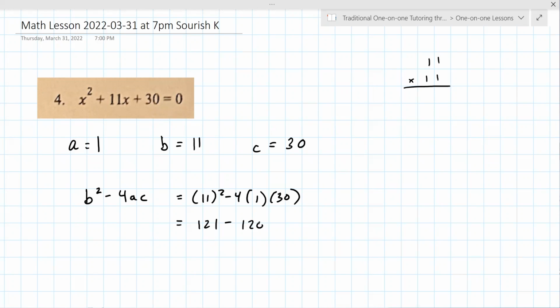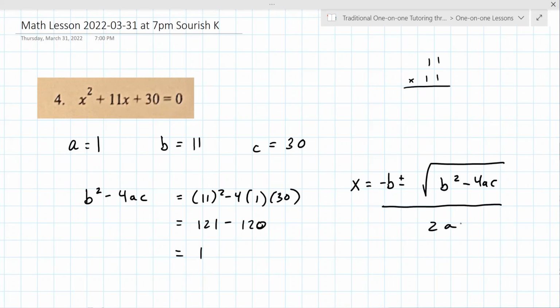And this becomes 1. So the reason we do this is because when you write the quadratic formula, I'll write it over here on the right just to remain in context. The part we just did goes under the square root. So this value of 1 is what goes under the square root here.